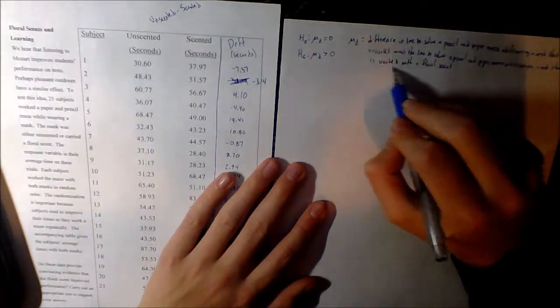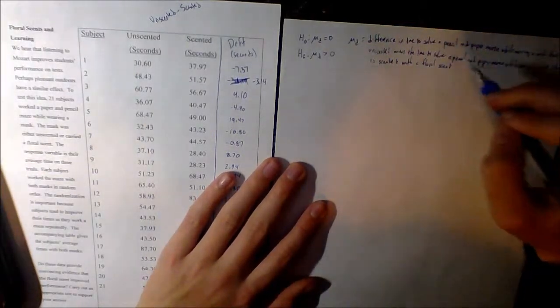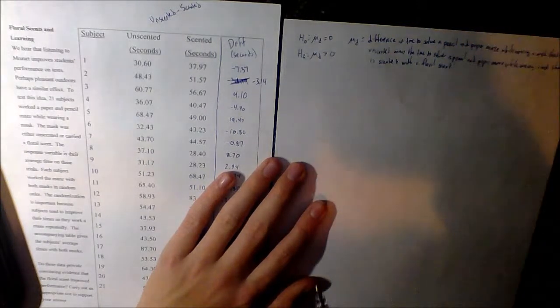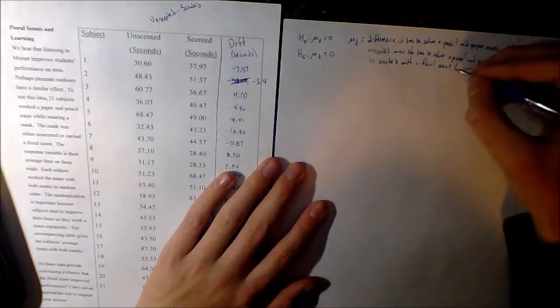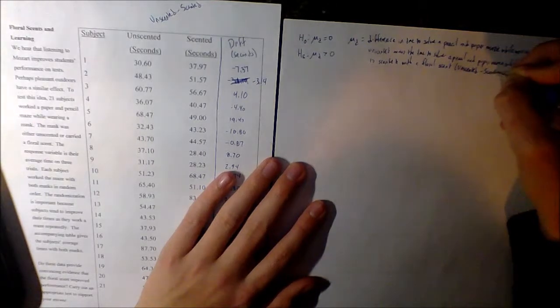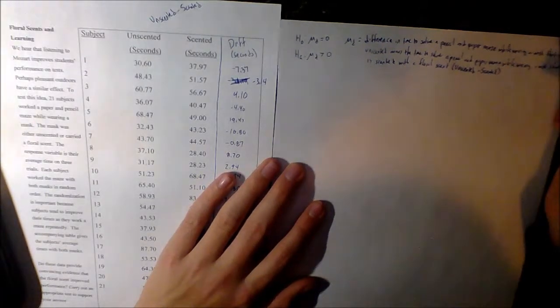This might take a long time, but at least you know what you're determining. It's also good to include what you're doing. You could say, in parentheses, unscented minus scented. If you include this, it's good to keep track of what you're doing.